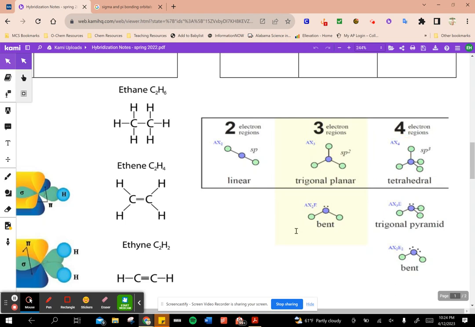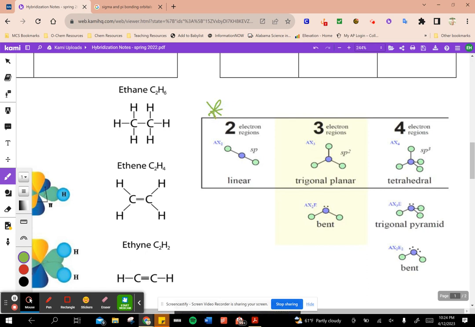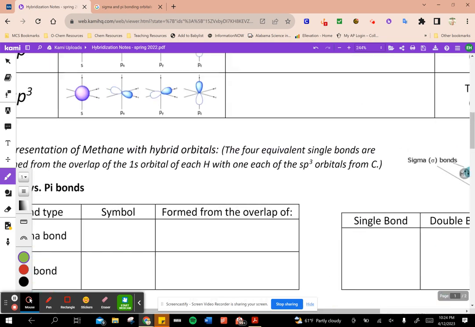That would have been associated with this little chart right here, which shows your different geometries: linear, trigonal planar, tetrahedral, trigonal pyramid, bent, all that good stuff. And that's one theory that explains how the atoms within molecules take their shapes.